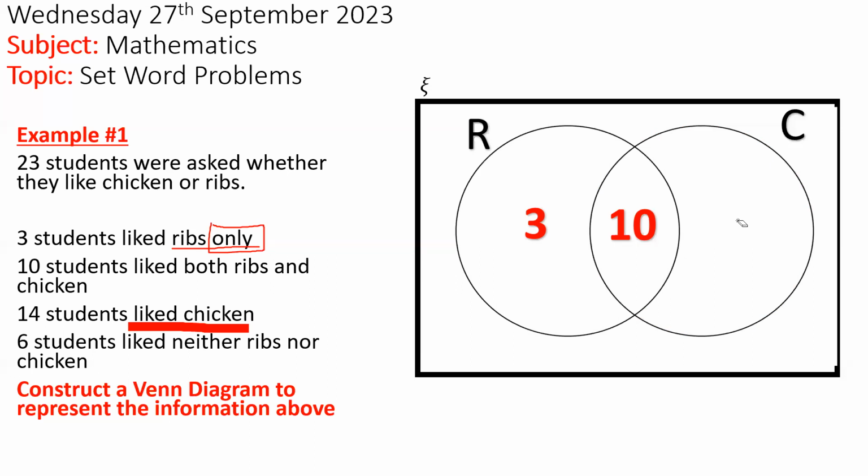So I move in 10. So what you do is you say 10 plus what number gives you 14? What number plus 10 gives you 14? 4, right? Right, Shion?